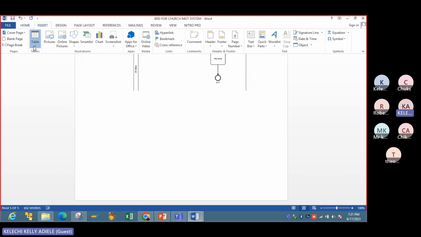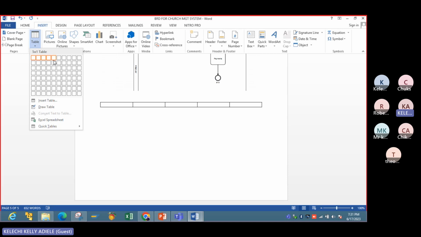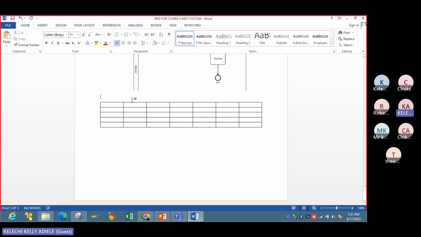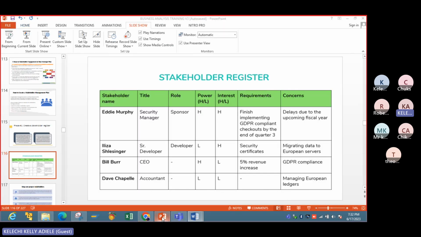So insert table, 7 rows. In larger businesses, this will be very large. So I'll have name, title, and role.